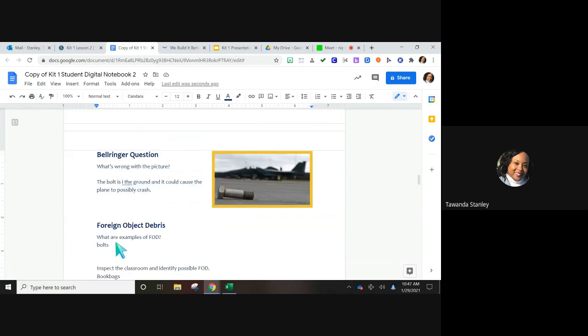Okay, for the examples of FOD, I want you to go back to this handout and type in: loose items, trash, or other material that is not in its proper place.